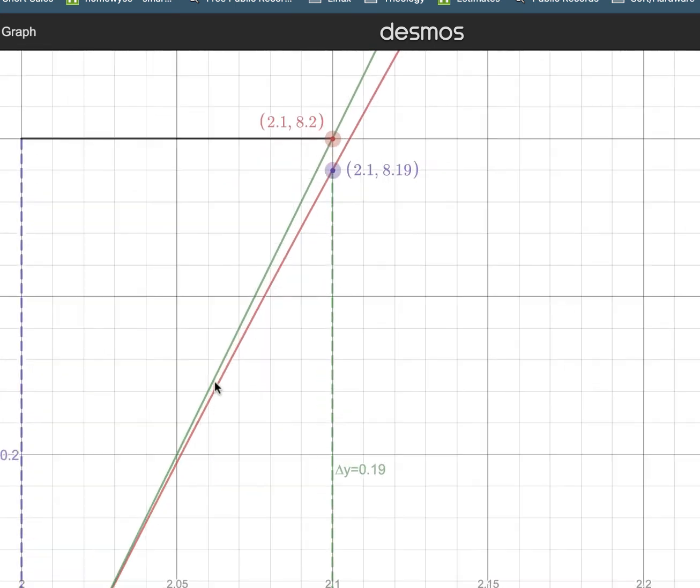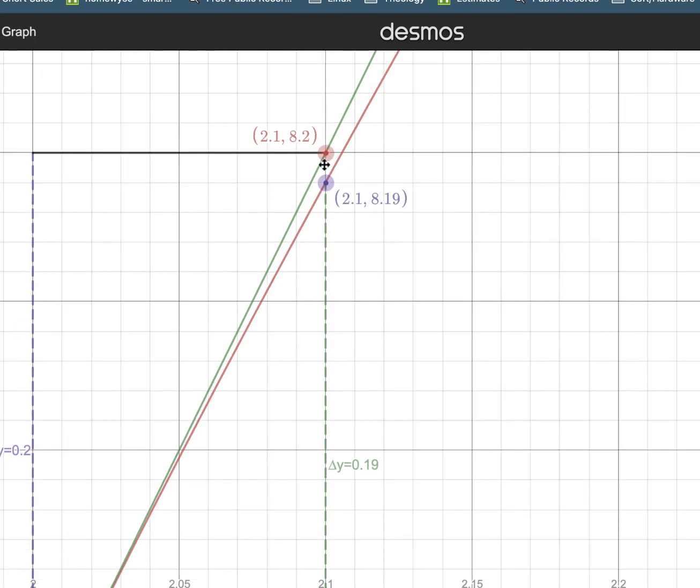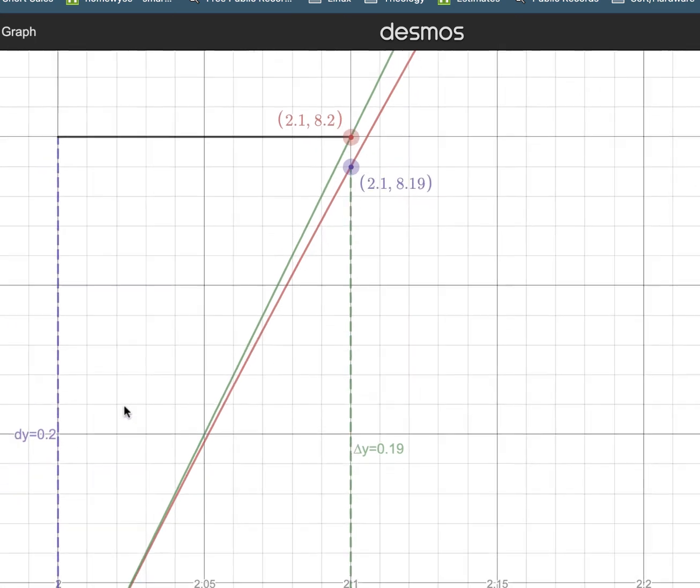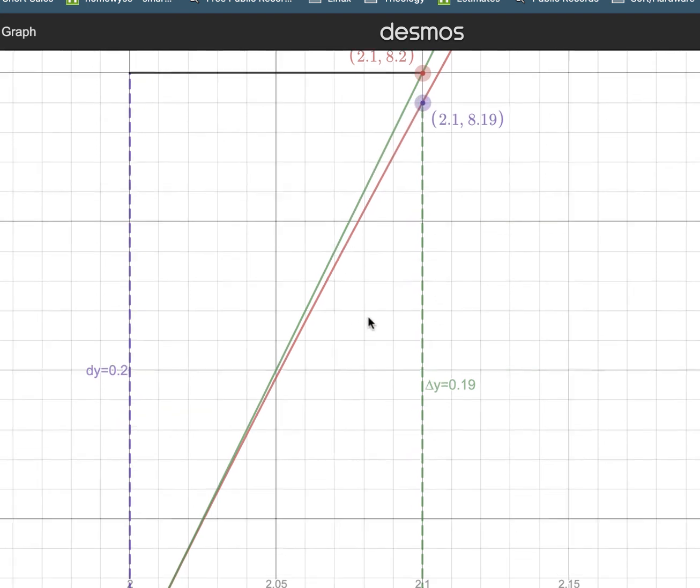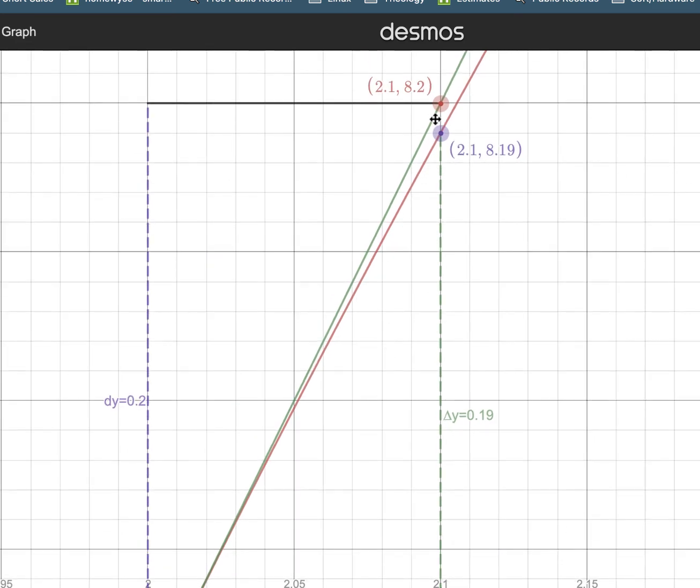And let's zoom in. And again, we're still doing the same thing. The differential of y is measuring up to the tangent line. The true change in y is measuring up to the curve. And at this low of a scale, the tangent line and the curve are pretty close.